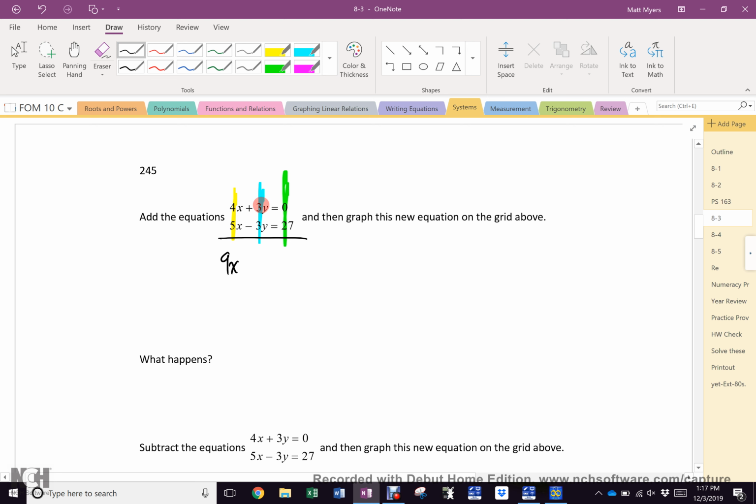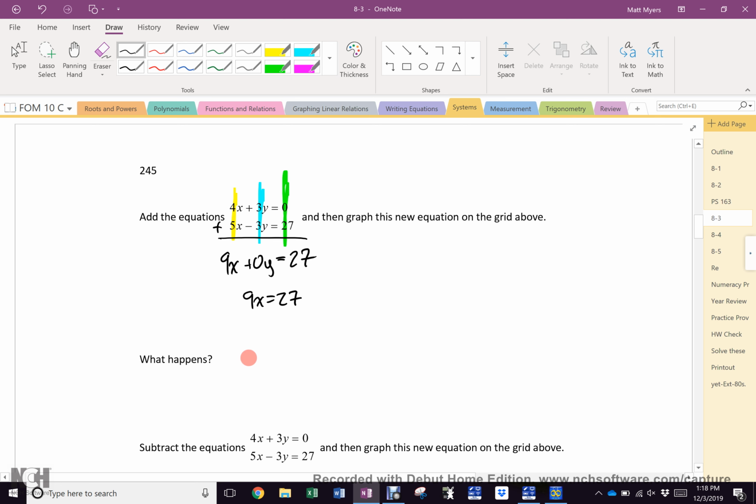What is 3y's plus negative 3y's? 0y. And what is 0 plus 27? 27. Would we ever write 0y? No. So what would we really have? 9x equals 27.